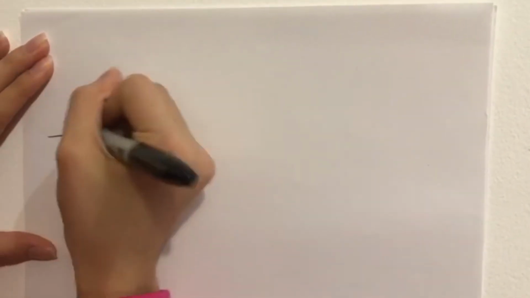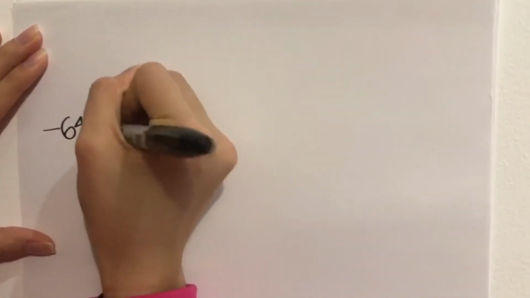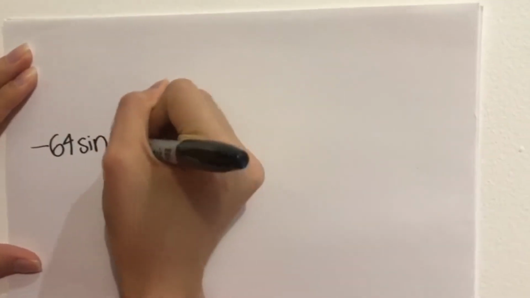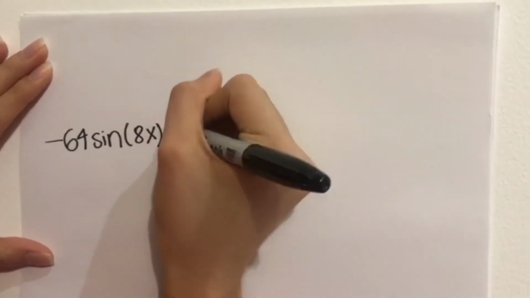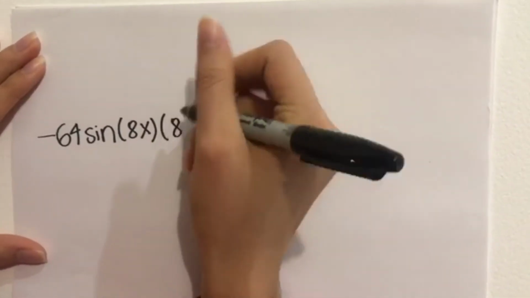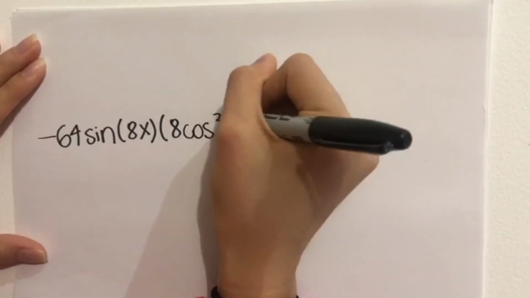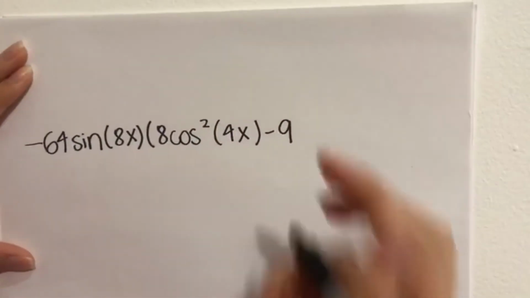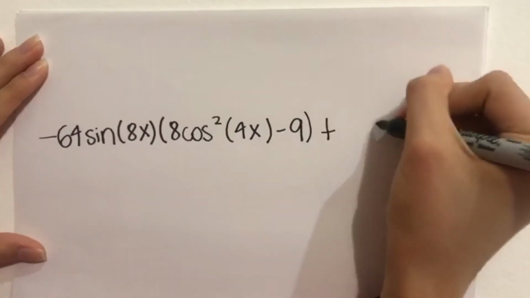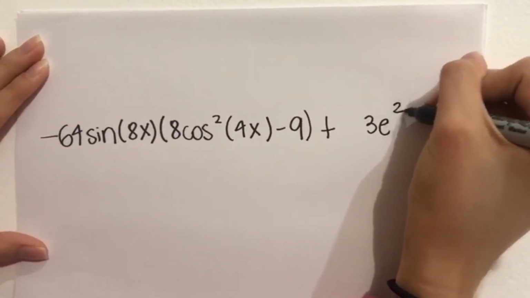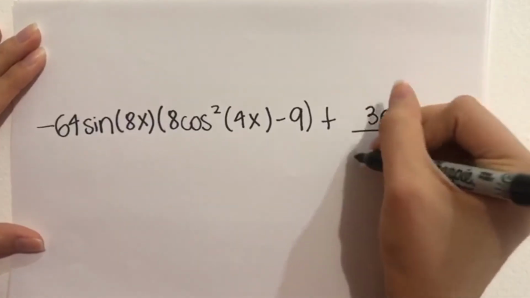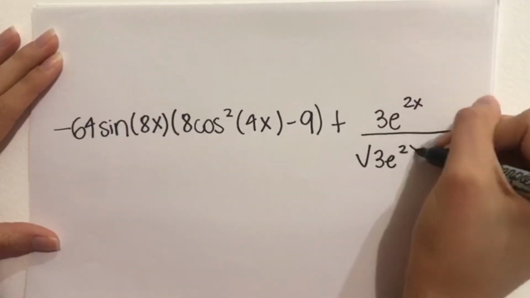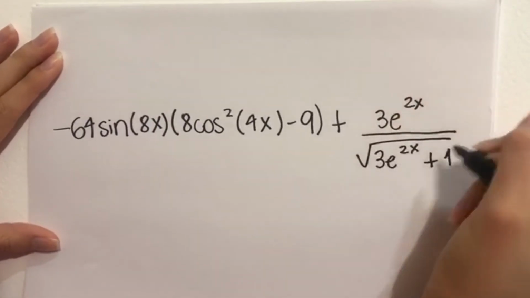And finally, we are going to get the following. Minus 64 sine of 8x multiplied by 8 cos squared times 4x minus 9 plus the division of 3e elevated to the 2x over the square root of 3e elevated to the 2x plus 1.